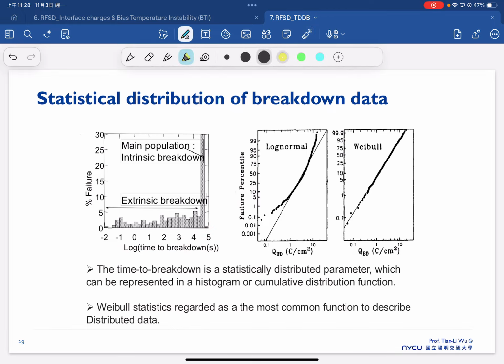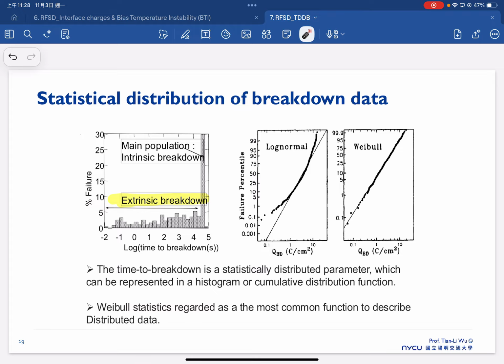One is very widely spreading. Why do we call this wide spreading? Because the time scale is from 10 to the minus 1 to 10 to the 4 or 10 to the 5. That's a very wide scale, and also the percentage is lower. So we can consider this an extrinsic breakdown.